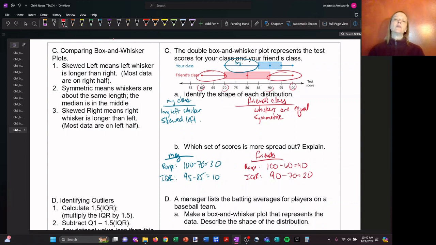And so whether I use the range or the interquartile range, I see the same results. I see that my class has less spread out data, and my friend's class has more variation. Their data are more spread out.